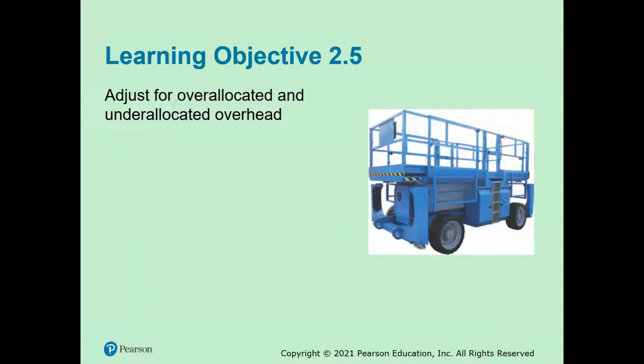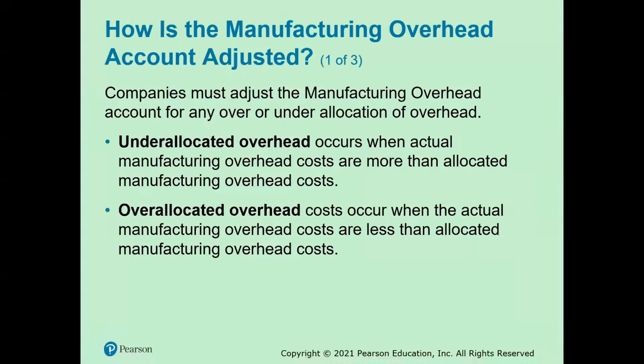Learning objective 2.5, adjust for overallocated and underallocated overhead. So how is the manufacturing overhead account adjusted? Because Smart Touch Learning allocates overhead to jobs using a predetermined overhead allocation rate based on estimates, an adjustment is required to manufacturing overhead at the end of the period.